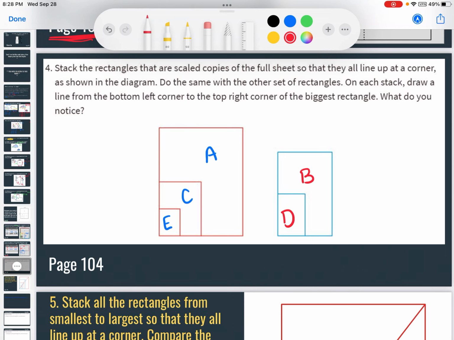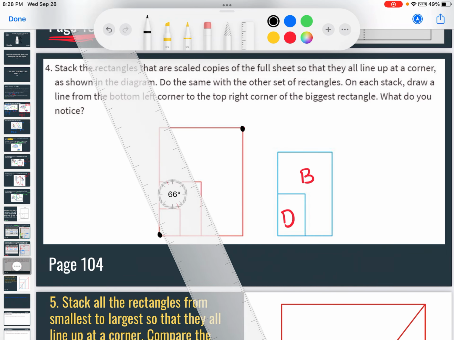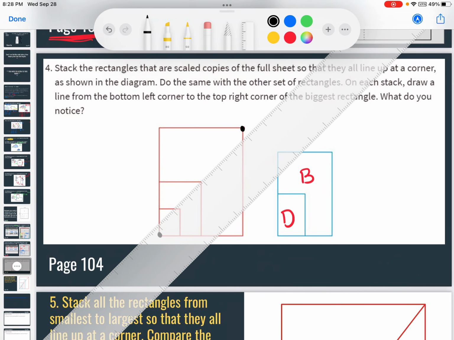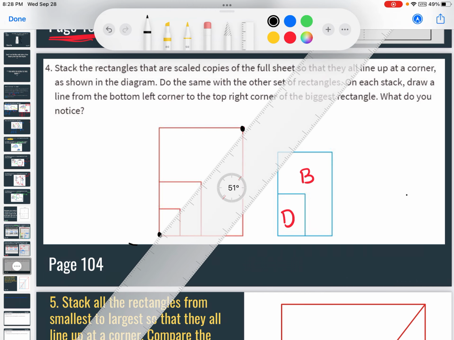And then it says they want you to draw a line from the bottom left corner to the top right corner. Let me do that in a color you can actually see. So it wants you to draw a line connecting those two. So go ahead and do that. Draw as straight as you can. You might want to use your ID or something to draw a straight line. I wonder if I can use this ruler to help me. We know I can't draw a straight line. Look at that.